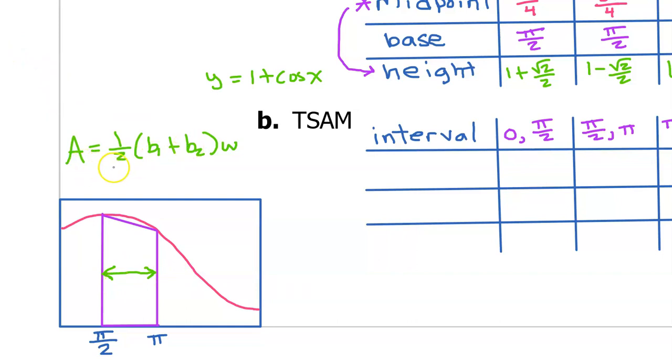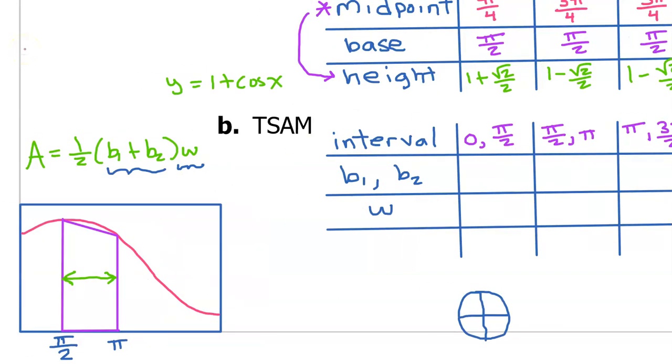Looking at the formula for the area of a trapezoid, I can see what the rows of my chart need to be. We're going to need a row for base 1 and base 2. So base 1, base 2. And we're going to need a row for the width of each rectangle. So a row for W. So how do we find base 1 and base 2?